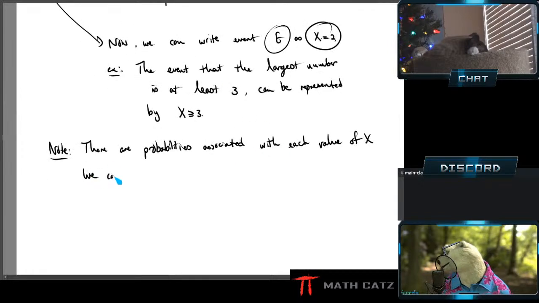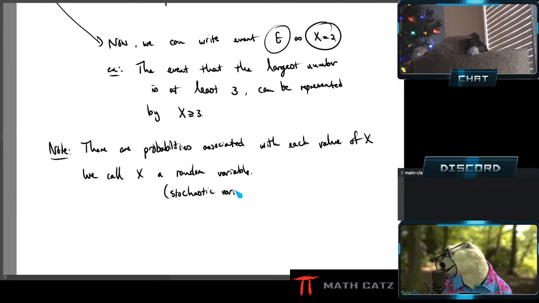So we call X a random variable. It's a very unfortunate name. It is not the original name. The original name is a stochastic variable. A stochastic process is one where I don't know the outcome.